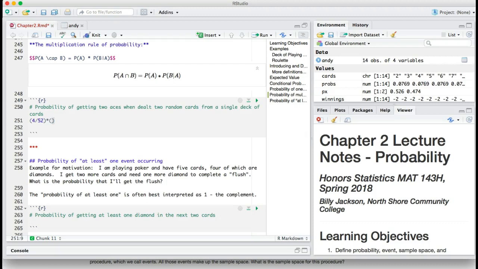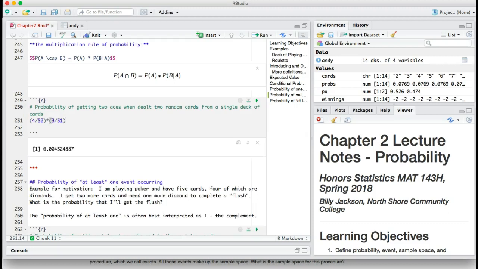Well, if you already have one ace in your hand, then how many aces are left in the deck? 3. And how many cards are left in the deck? 51. So the probability of getting an ace on that second card is 3 out of 51. And you multiply these two to get the probability of 2 aces when dealt 2 random cards from a deck.